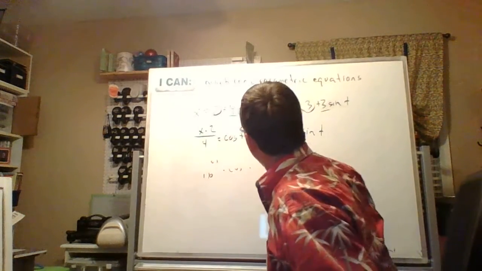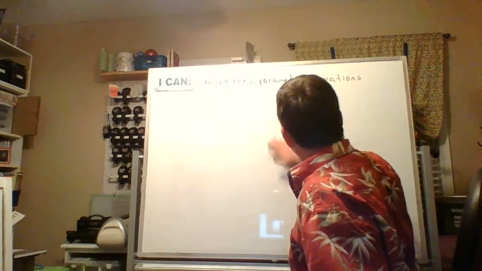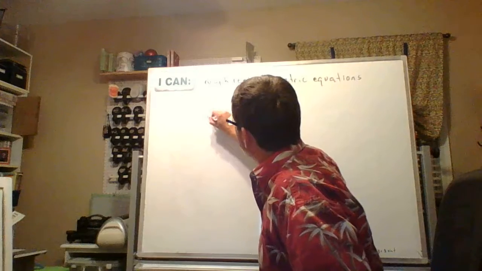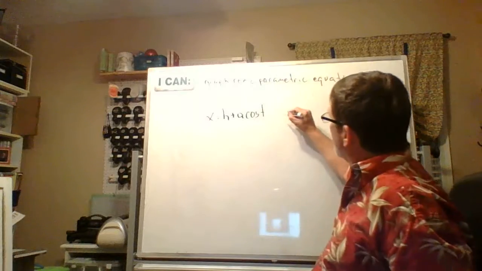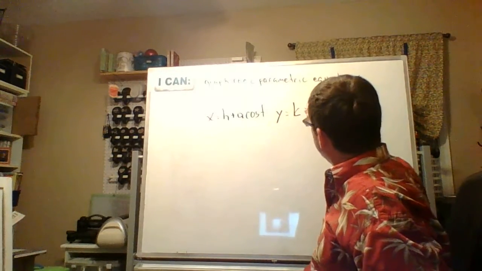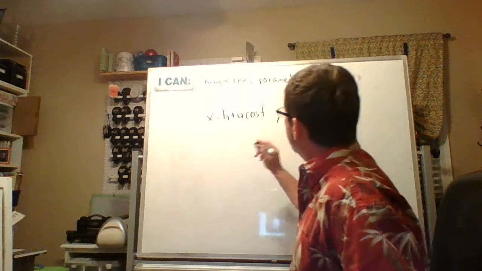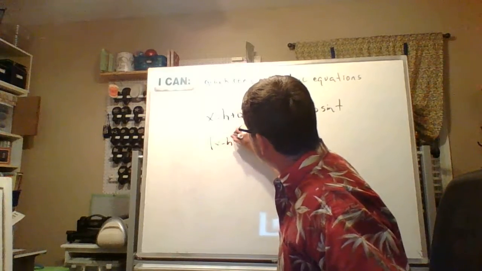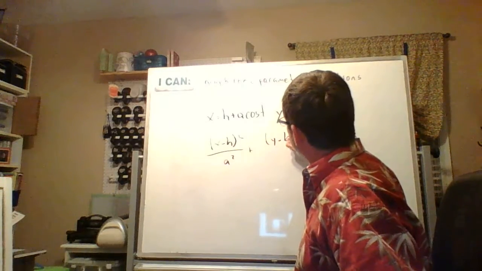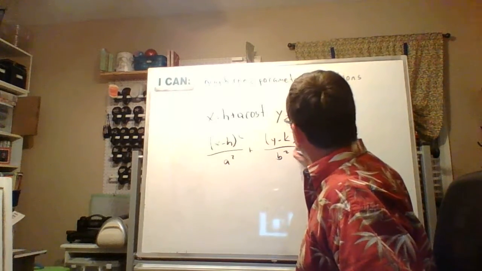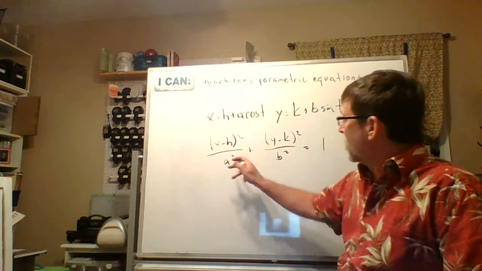If I have parametric equations, x equals h plus a cosine t, and y is equal to k plus b sine t, I will end up with x minus h squared over a squared plus y minus k squared over b squared is equal to 1. I'll have an ellipse as long as a and b are different.